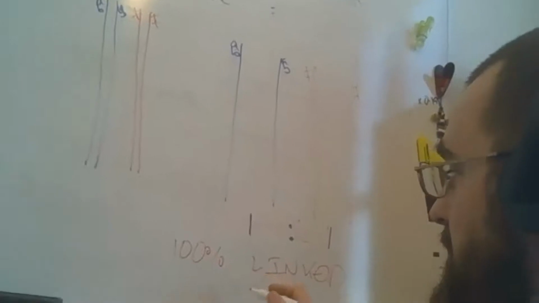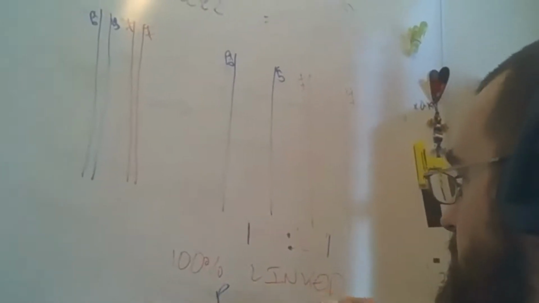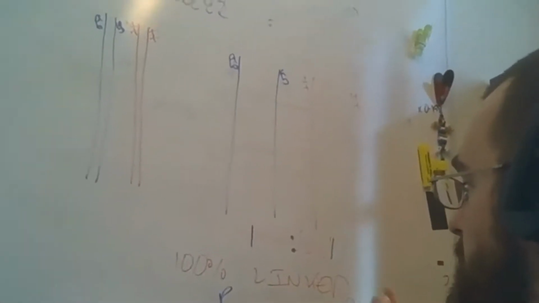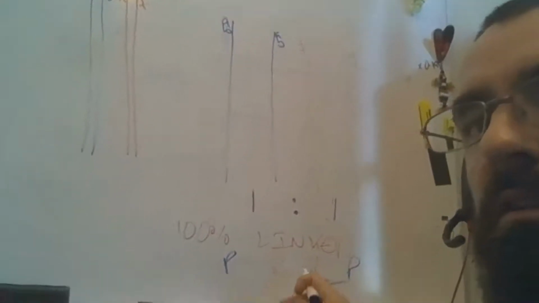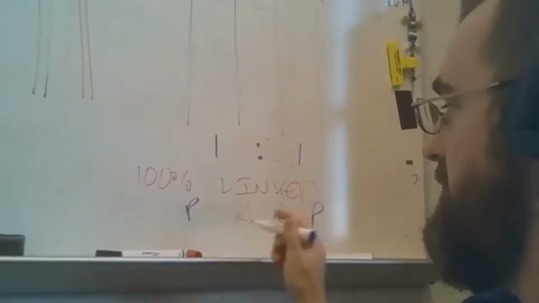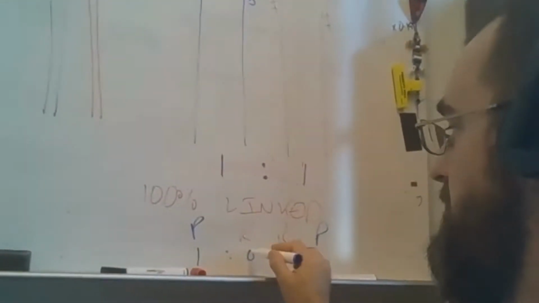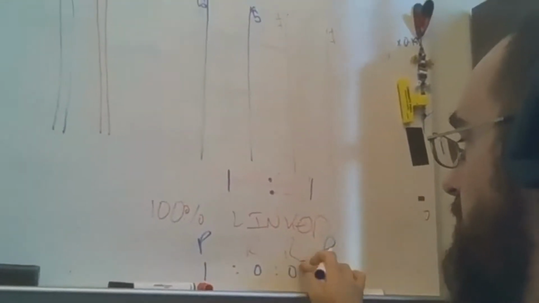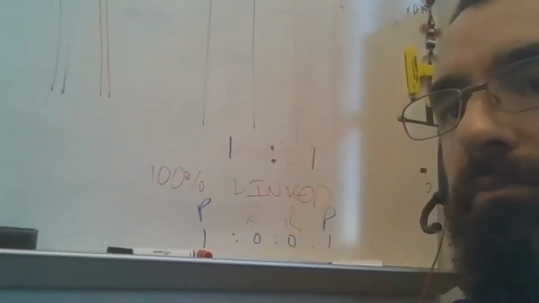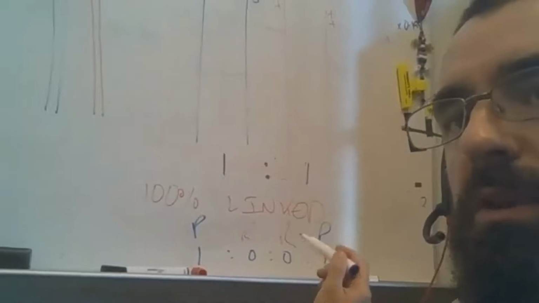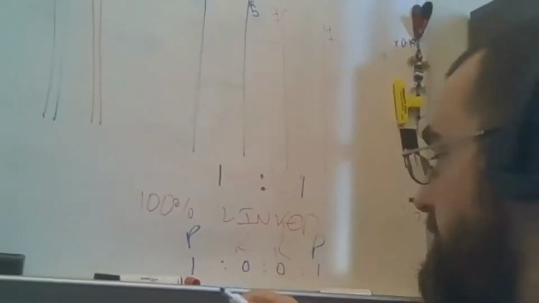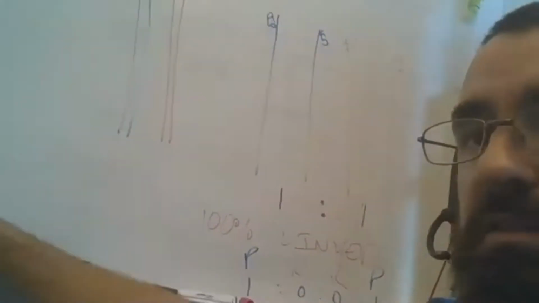If you were to write it the same way up here, if it was P, R, R, P, you would have 1:0:0:1, because these recombinants are absent. You'll never see them.